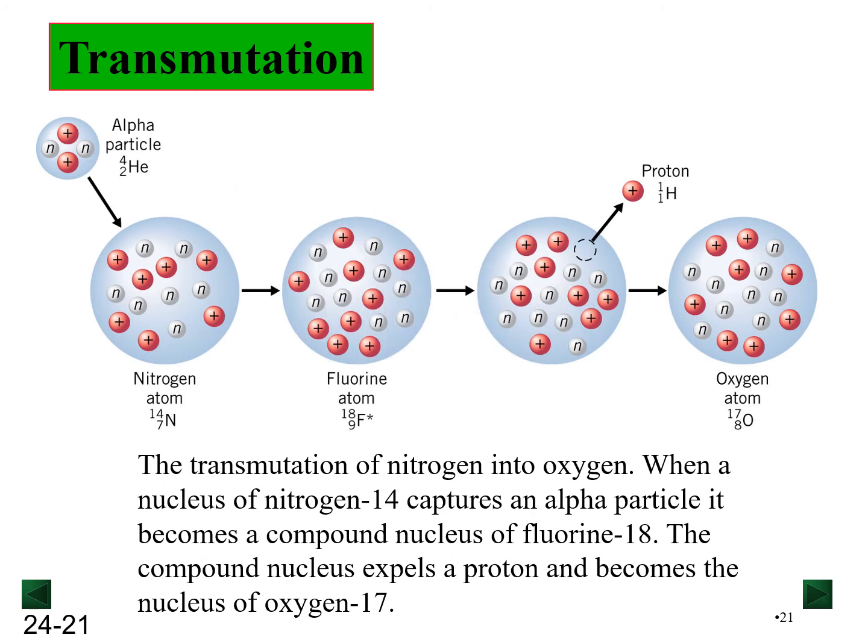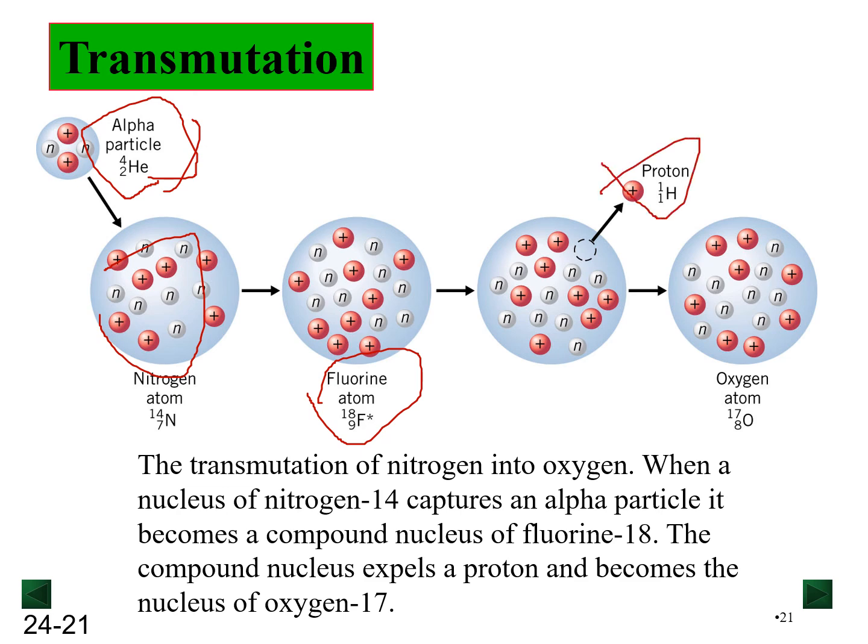This is an example of transmutation where the alpha particle is emitted from the radium and the nitrogen captures the alpha particle, forming a fluorine atom, and this fluorine atom then expels the proton and becomes an oxygen atom. This is how one isotope is converted into another isotope.